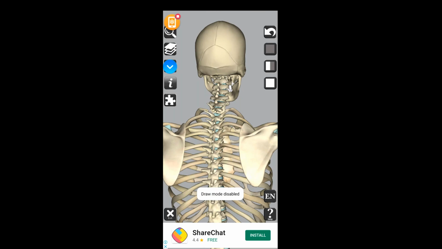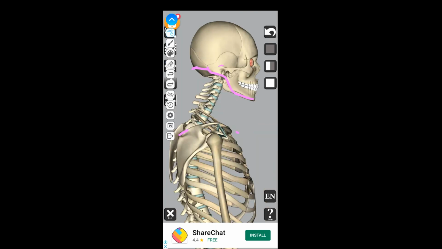One second. Again, I'll share. Now you see, now it is visible. Just rub that part and draw once again. It was not visible.